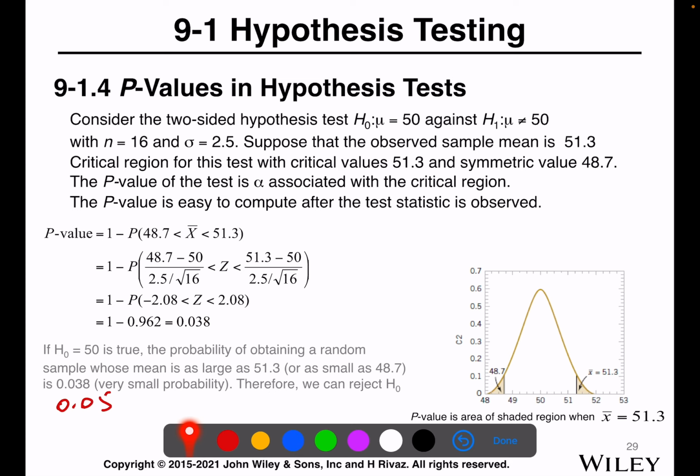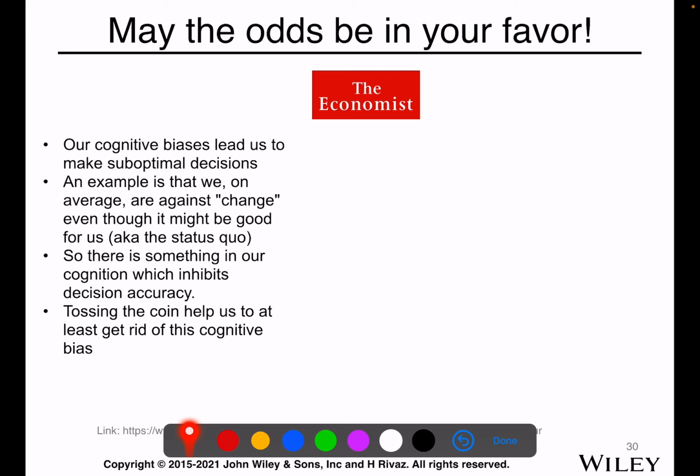Okay. So we talked about looking at a hypothesis and finding whether a hypothesis is correct or not, and that usually helps us make decisions, right? So I found this article quite interesting. So basically, what happens is that our cognitive bias, when we want to make decisions, usually makes suboptimal decisions, right?